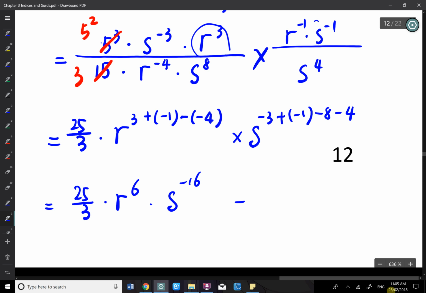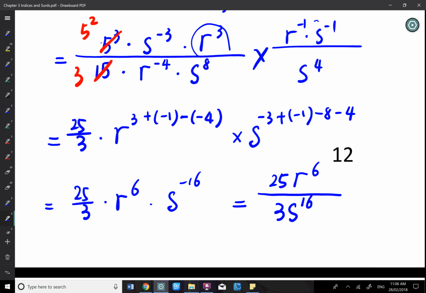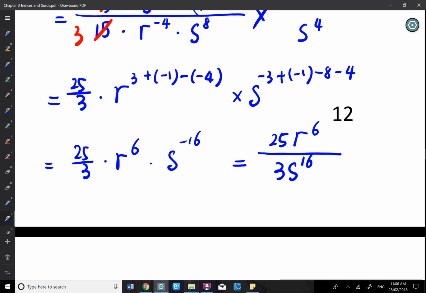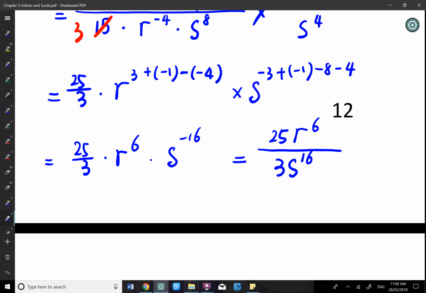So therefore, the answer will be 25r to the power of 6 over 3s to the power of 16. Yeah, I'm right. Anyone got the same thing? Good. So 25r to the power of 6 over 3s to the power of 16.